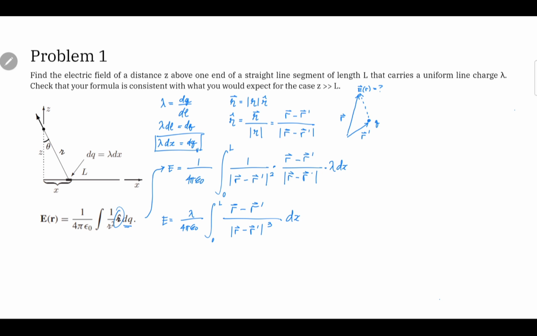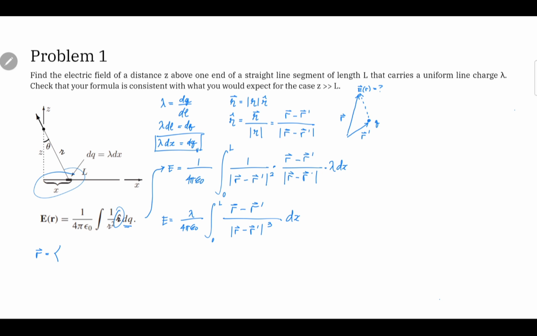To look for r, we are going to look at our diagram once again. So recall the definition of r. It's the distance from your origin to some source point. So in this case, we can write our vector r in terms of its xyz coordinates. We're going to look at this distance over here.